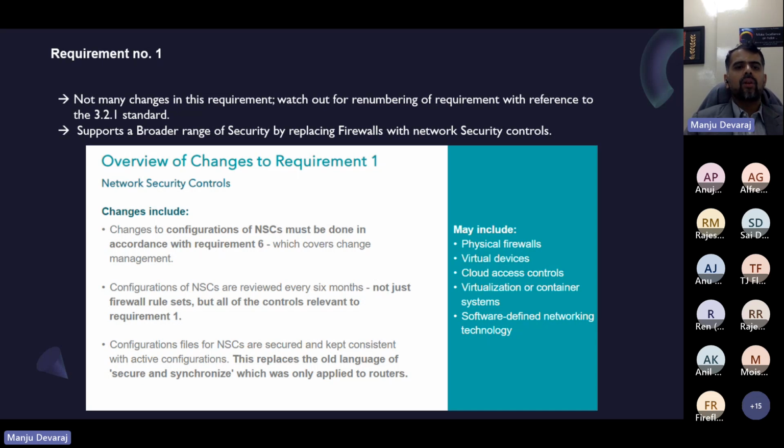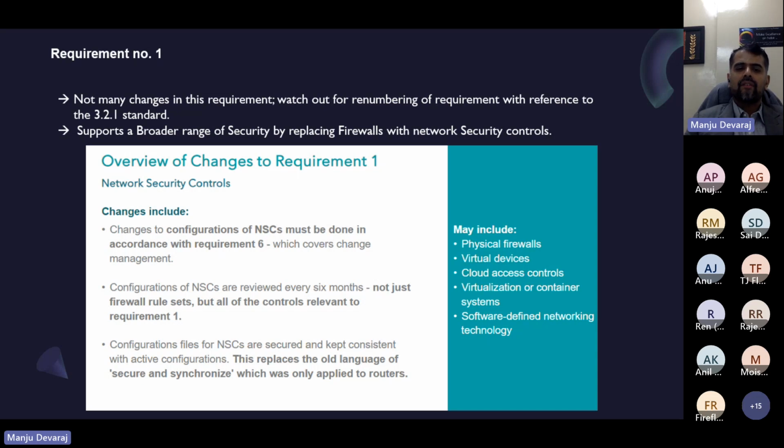Now, network security controls. There is a change. What is it? Configurations. Before, they were talking about firewall rule review. You have to do a firewall rule review half yearly. Now there is additionally a story which is changes to configuration, which was never explicitly mentioned before.